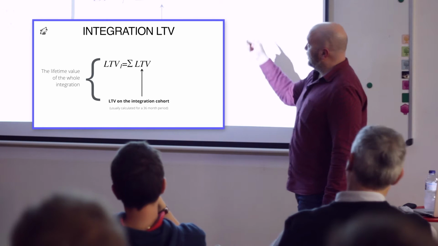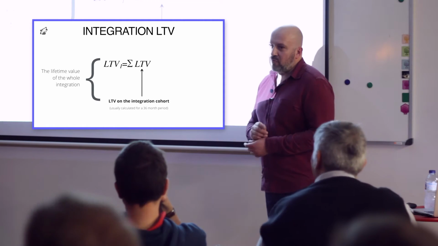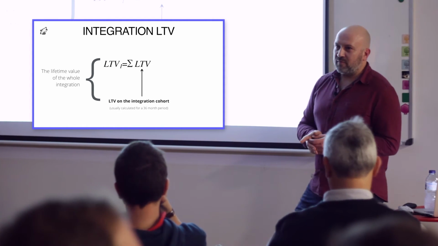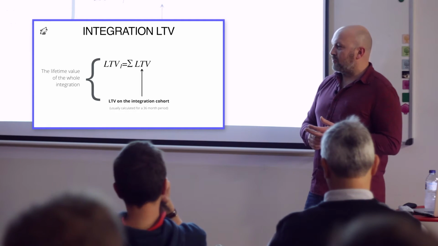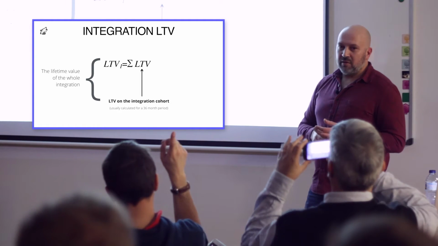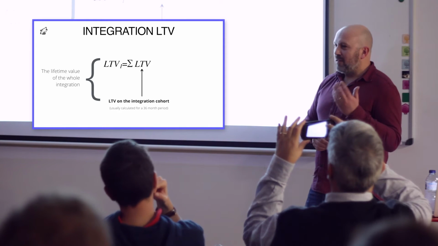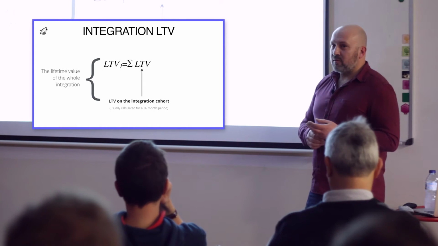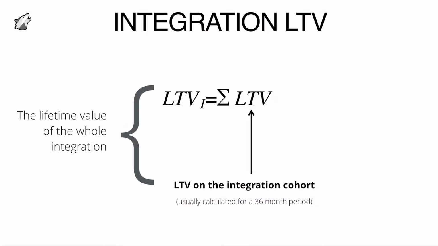is actually the lifetime value of the integration. So how many people here are familiar with the concept of LTV, lifetime value? So again, lifetime value is applied to customers. We are applying it to the integration. So the goal here is to sum all the LTVs for the integration cohort.